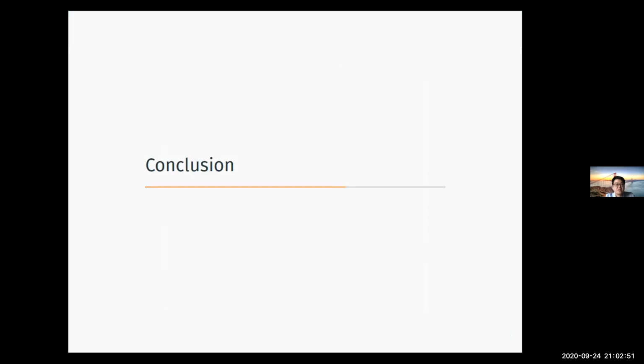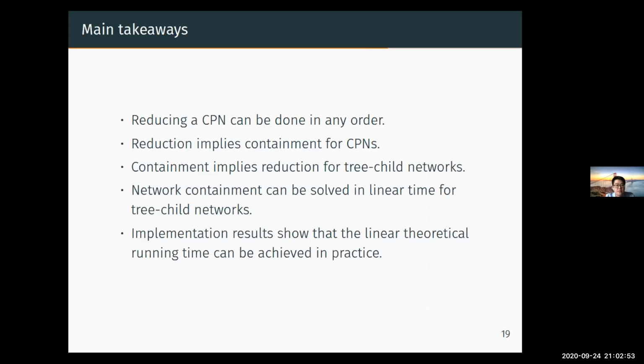In conclusion, reducing a cherry-picking network can be done in any order. This is true not only for tree-child networks, but for cherry-picking networks in general. Remember, cherry-picking networks are the networks that can be reduced by cherry and reticulated cherry reductions.